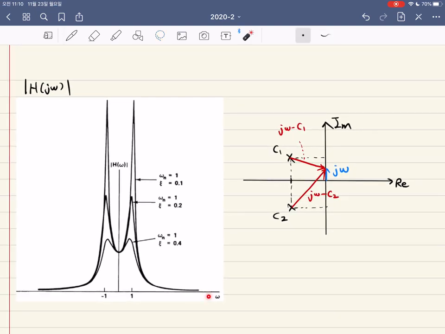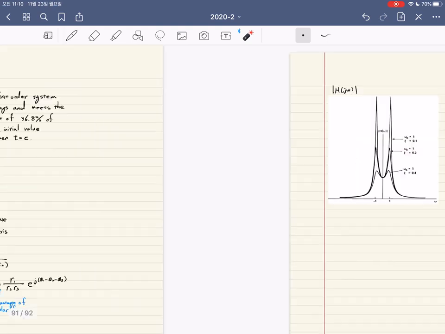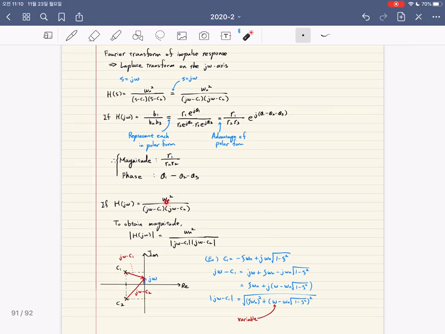So let's see what happens when omega goes to infinity or minus infinity. If omega goes to infinity, if omega is here, then you have to measure this vector and this vector. And these two long magnitudes will be placed on the denominator, where you have a constant numerator, right?